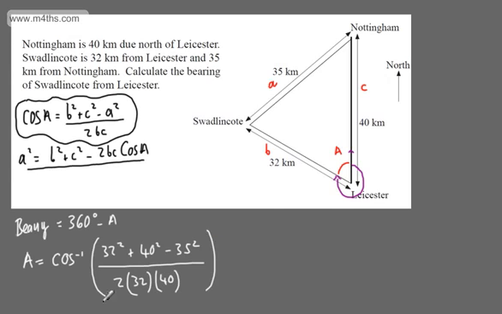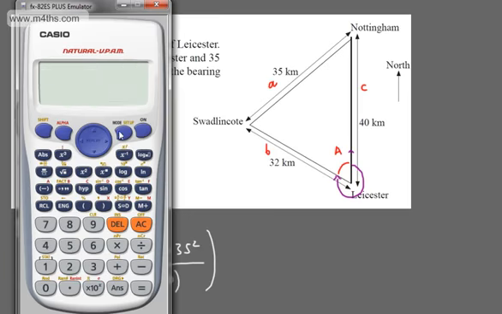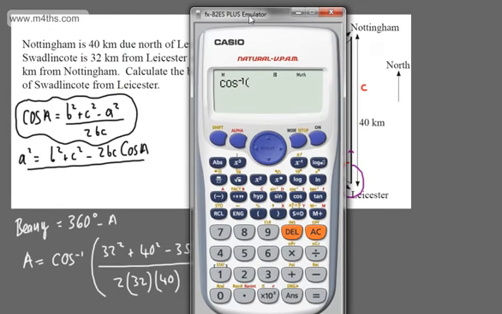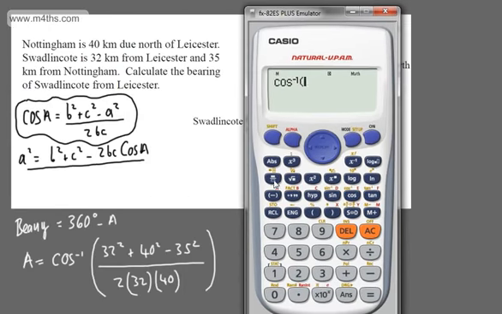And I can simply put this straight through a calculator. So again, if you don't know if you're in degrees or not, shift mode 3. So what I'll do now is shift cos. This is the inverse now. This is going to get me the angle. So the inverse cosine now of 32 squared plus 40 squared minus 35 squared, and then we're going to put that all over 2 times 32 times 40, and we can get a value for that.